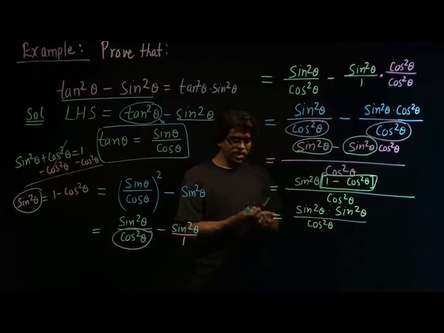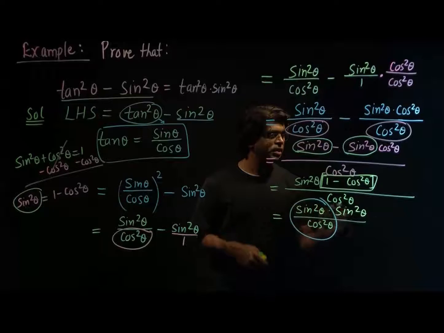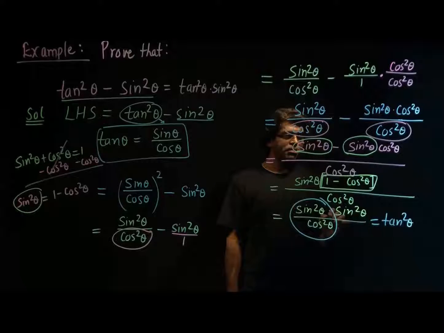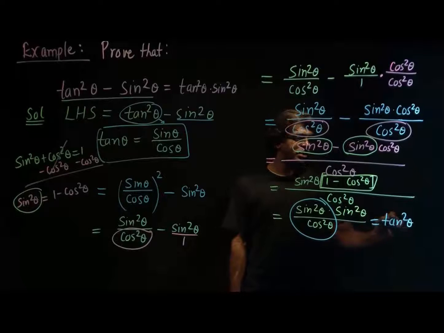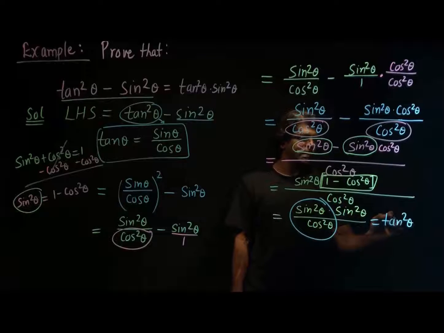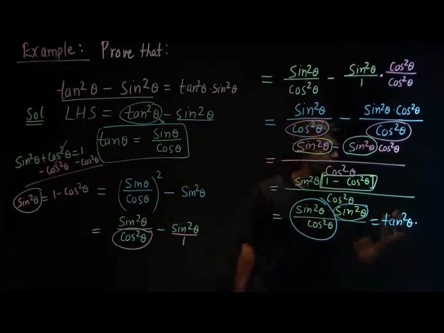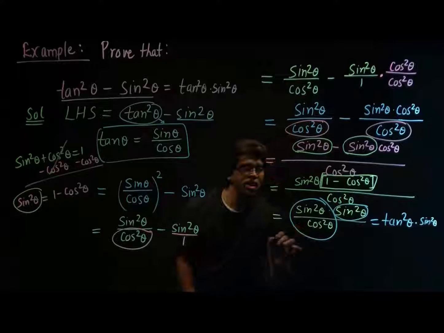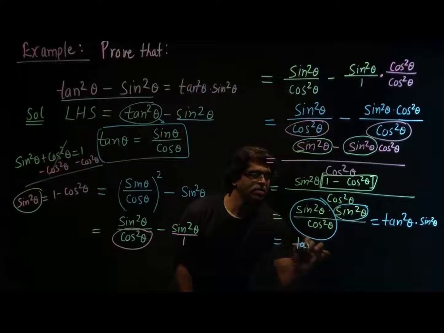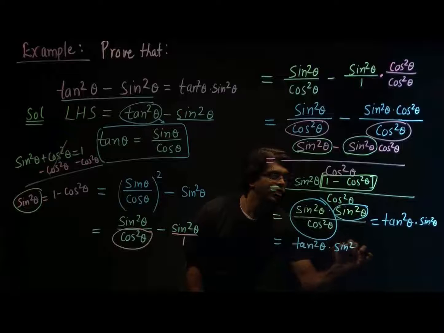Now, as we know, sine squared theta over cosine squared theta is tangent squared theta, because sine over cosine is tangent. So I will write sine squared theta over cosine squared theta as tangent squared theta, times the sine squared theta that is left. So basically I got tangent squared theta times sine squared theta.